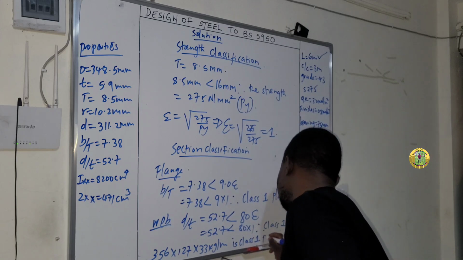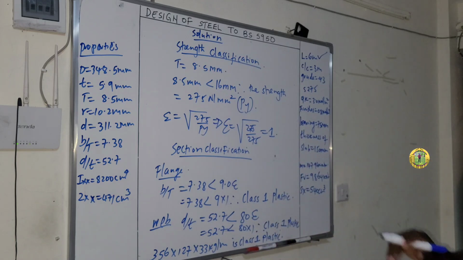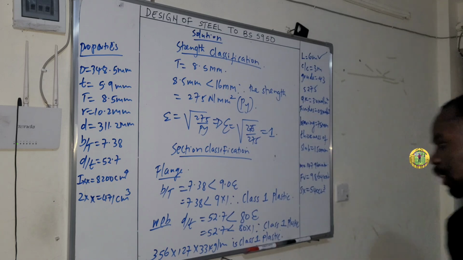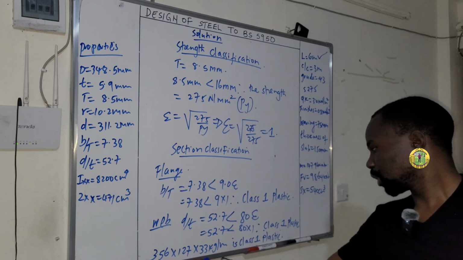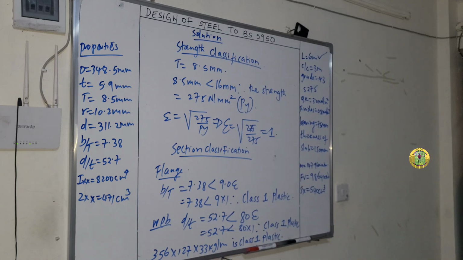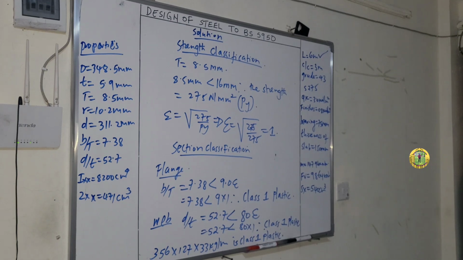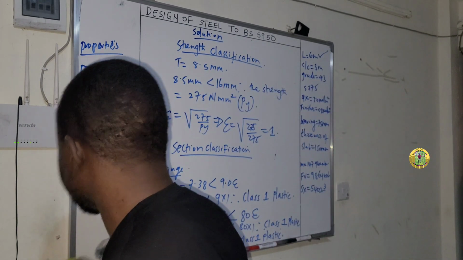So we have now classified our section, which is 356 by 127 by 33 kilogram per meter, as class 1 plastic. We now proceed to shear strength.